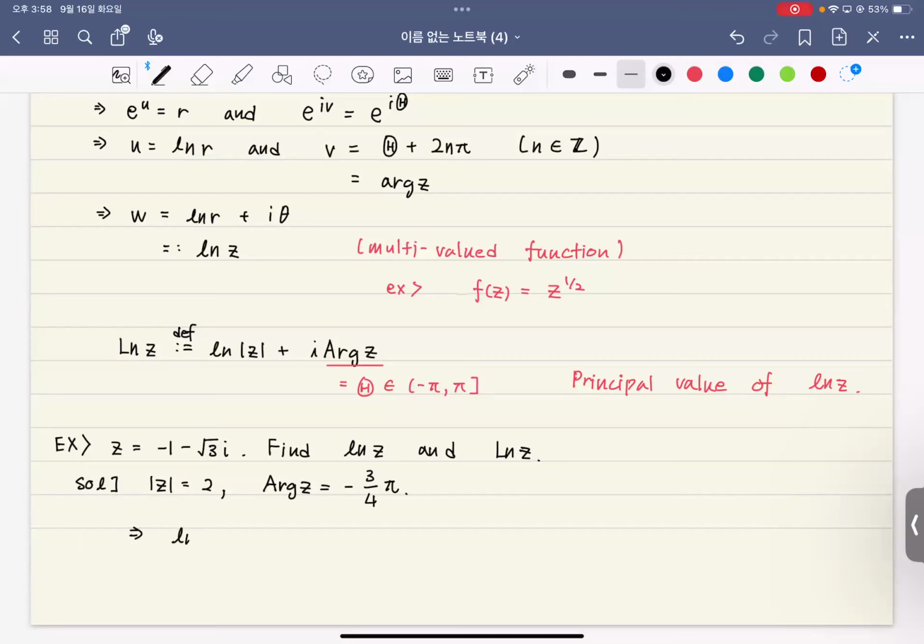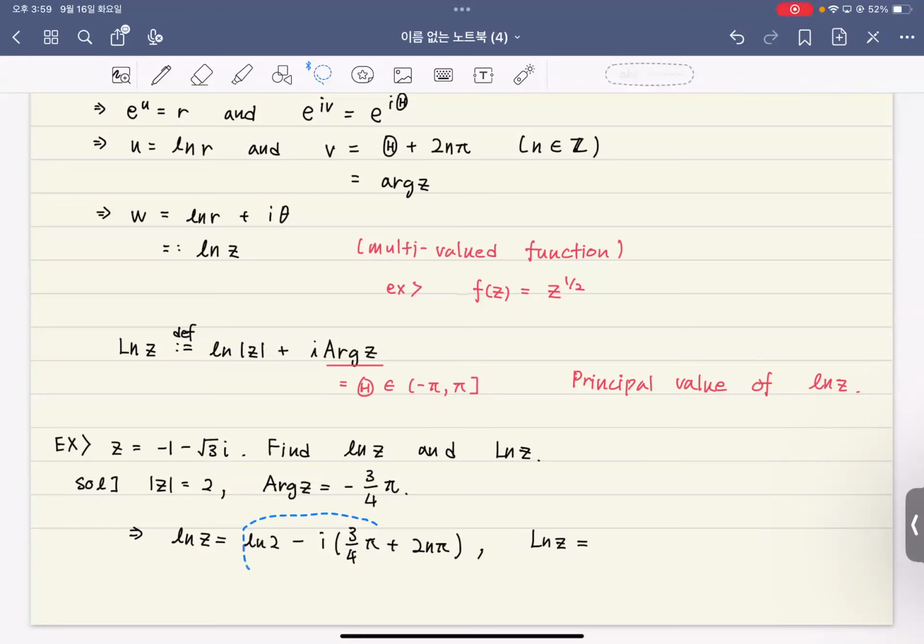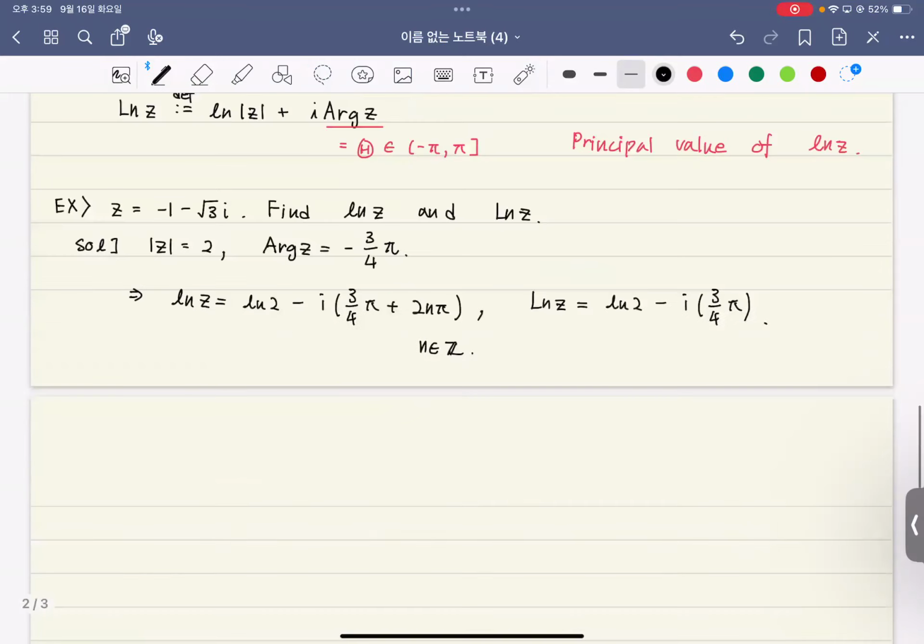So ln of z is just ln of 2 plus i times minus 3/4 pi plus 2 n pi, and capital Ln of z is just this one. Okay, not a big deal.